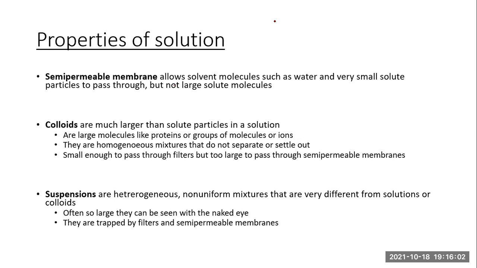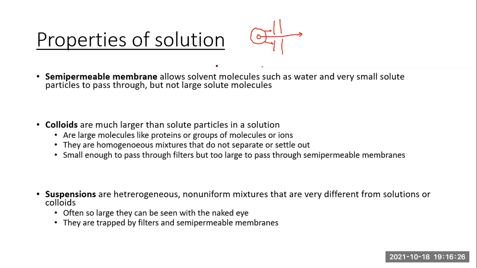You can think of the membrane as having holes in it, if you will. There are certain size particles which are small enough to pass through the hole, but there are certain ones that will be a little bit too big to get through the hole and will be trapped by this membrane.